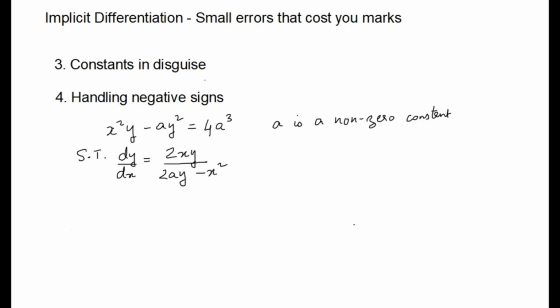So let's start by differentiating each term separately. Now here, the first term is x squared y and it's a product of two functions, x squared and y, and we'll be designating them as u and v. And the product rule of differentiation says that if we're differentiating uv, we get v u dash plus u v dash.